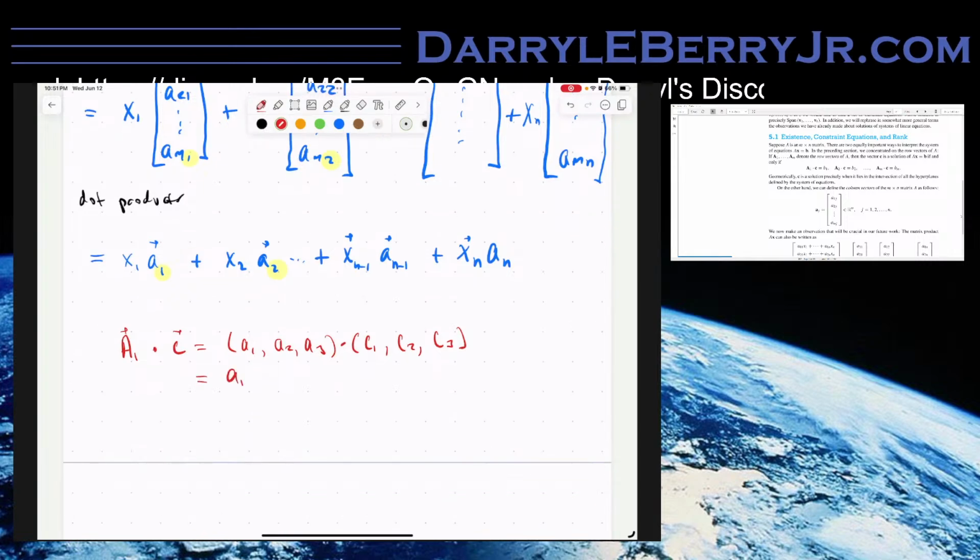This would be A1 C1 plus A2 C2, he's using an example of an R3, plus A3 C3. And he's saying this equals B1, if that's A1.